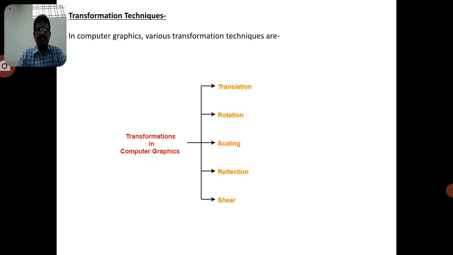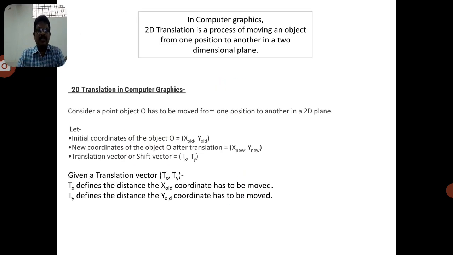Translation repositions the object, and similarly rotation, scaling, reflection and shear are techniques to modify an existing object using different standard algorithms.